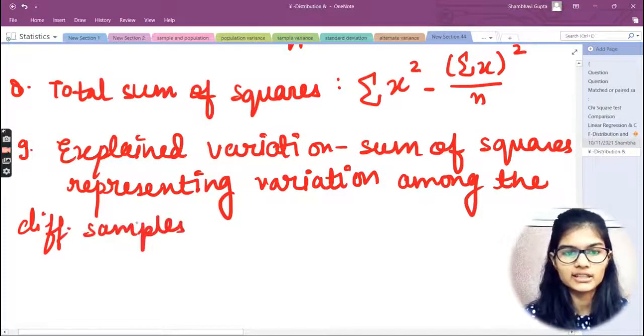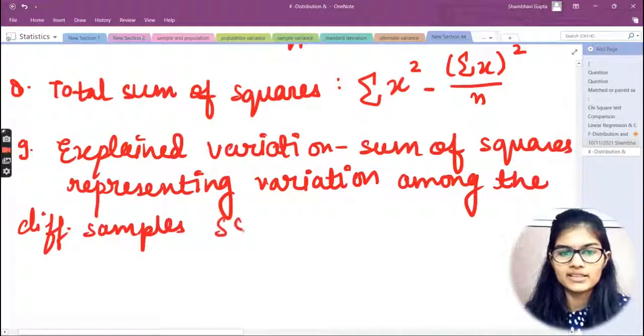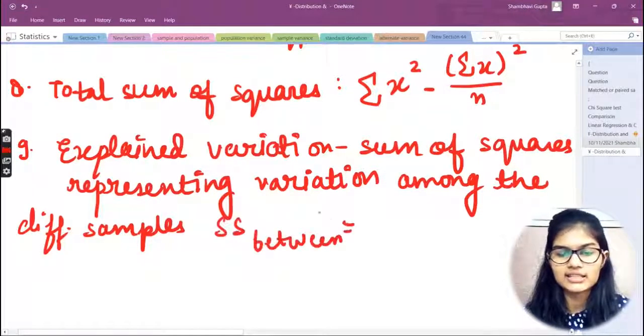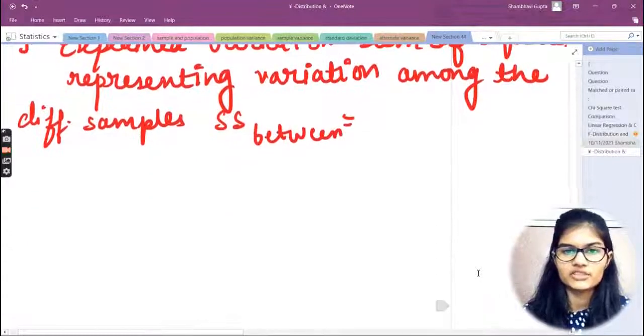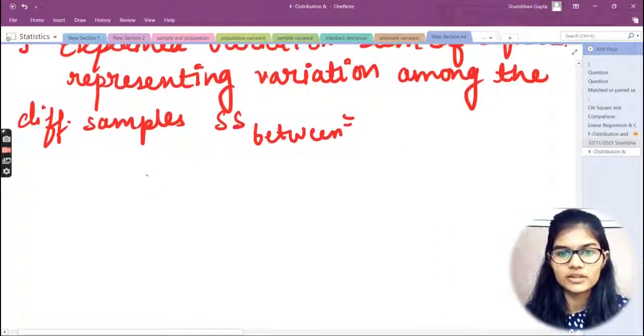So that's completely the explained variation, and we could say that as SS between. That is equal to SS between, let me get down from here so that I could get some space for writing.